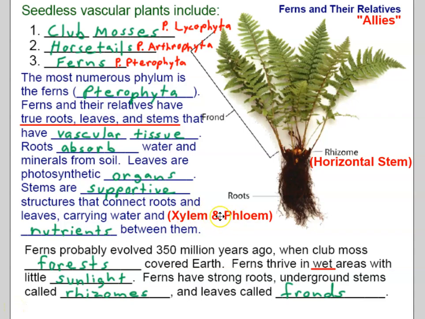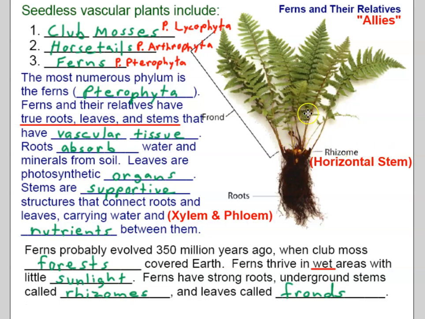So they contain xylem and phloem, those two transport subsystems that we see in vascular tissue. So these are the true roots. The stem is kind of weird, though, in Pterophytes anyway, in ferns, because it runs horizontally, either just below the soil surface or barely sticking up from the soil surface.